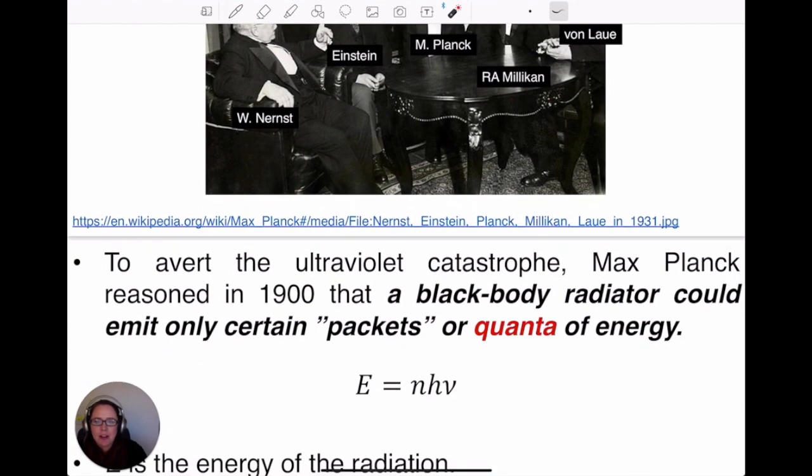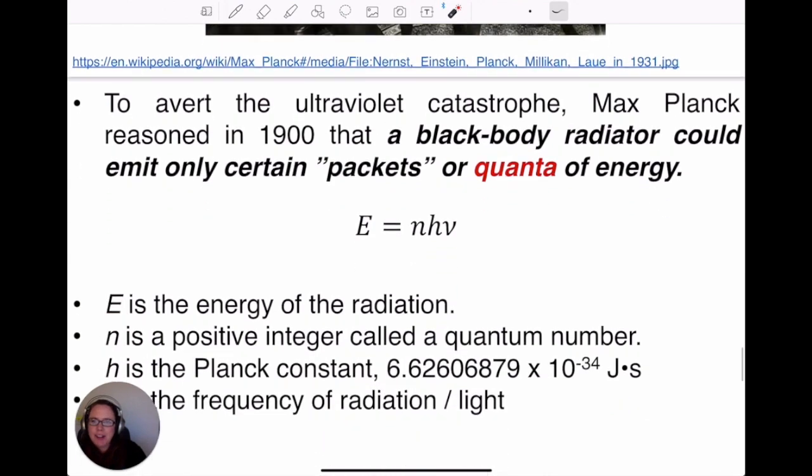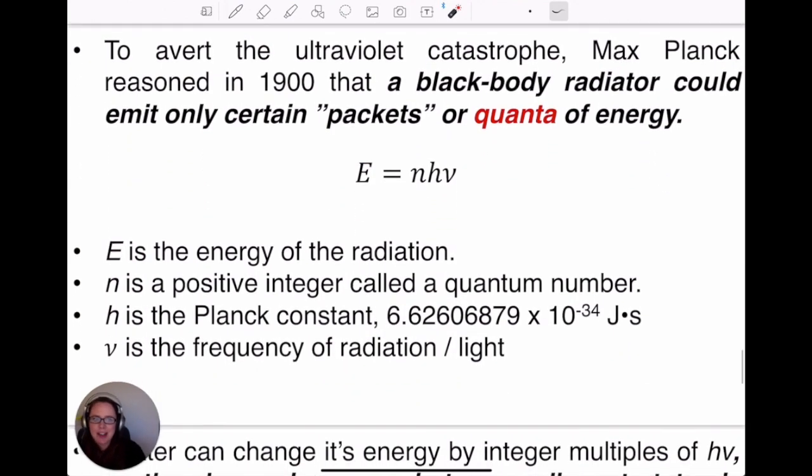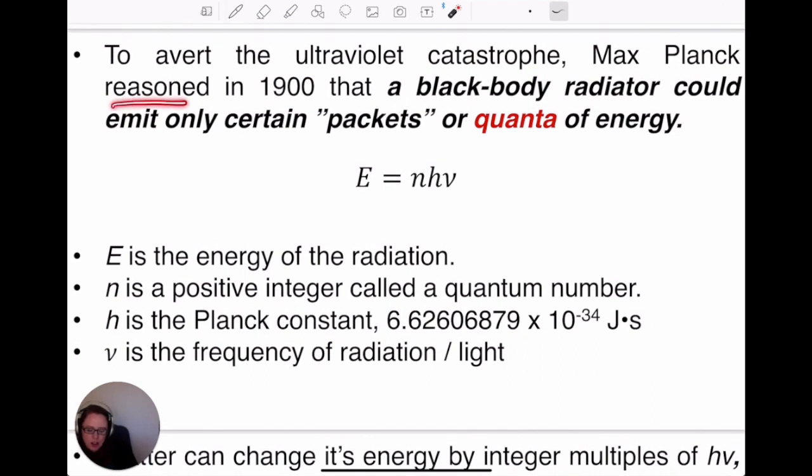Okay, so to avert what was termed the ultraviolet catastrophe, Max Planck reasoned in the 1900s that a black body radiator could only emit certain packets or quanta of energy.